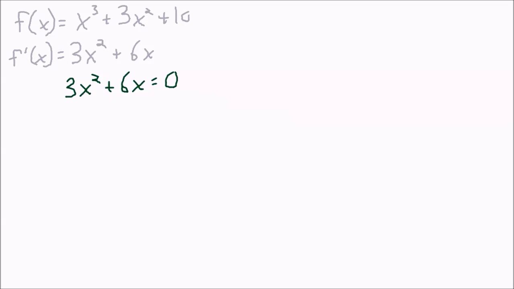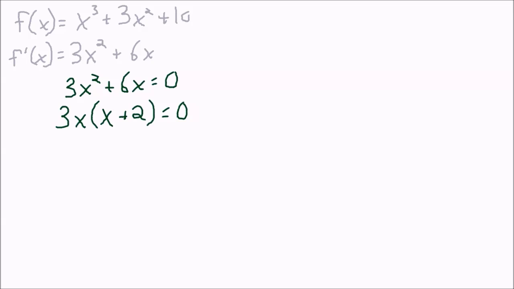Along with the x, another common term I have is a 3, since 3 goes into 3 and 3 goes into 6. So we're actually going to factor out 3x. What that leaves left over in 3x squared is just an x, and what that leaves left over from 6x is a positive 2. So we get 3x times x plus 2 equals 0.